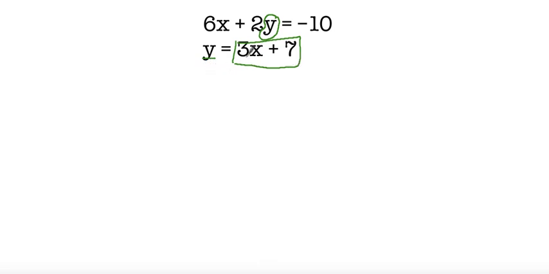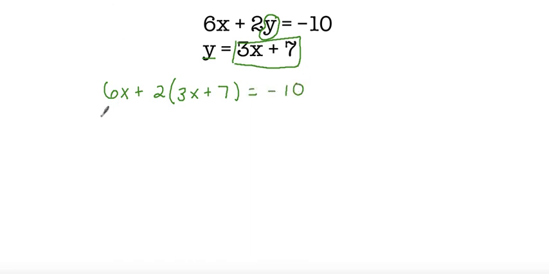So it's easier to take this and substitute it in for y. So we have 6x plus 2, and remember we're going to substitute that y for 3x plus 7 because y is equal to 3x plus 7, and we want to know when these two equations are equivalent to each other. And then that's going to equal -10.